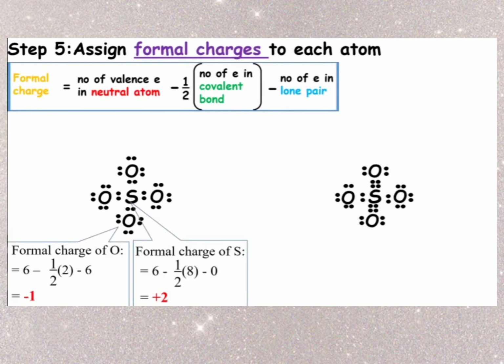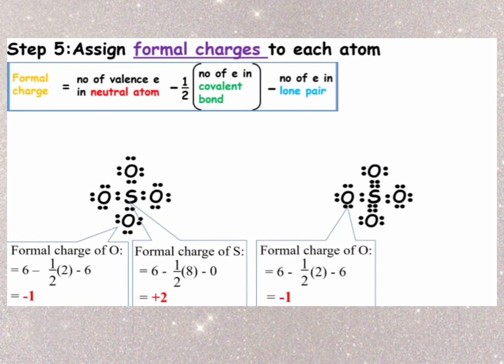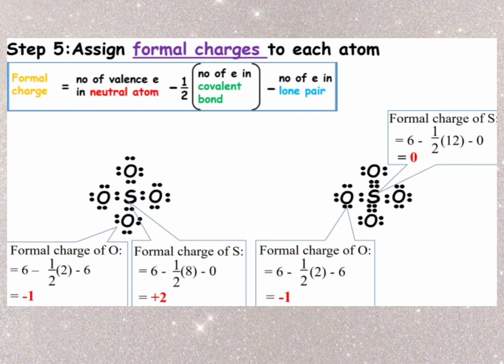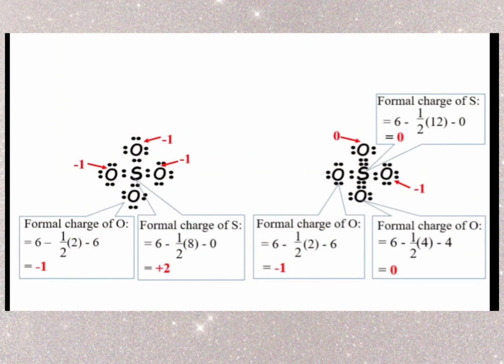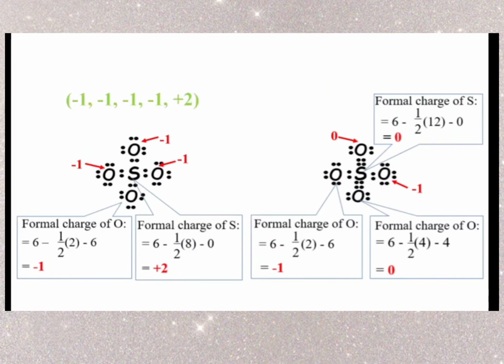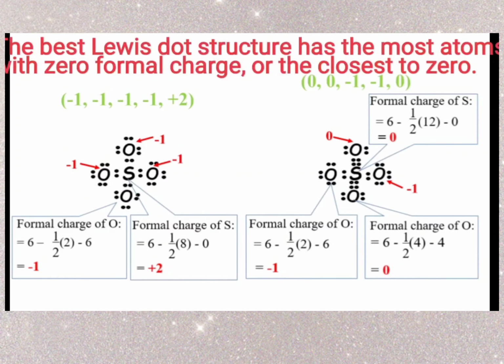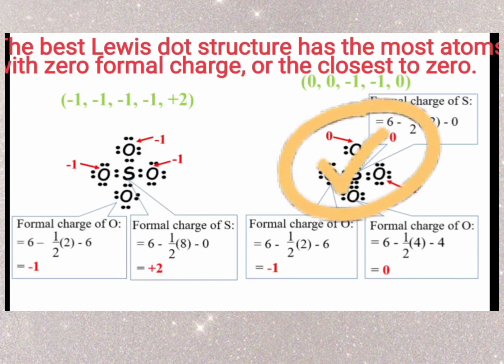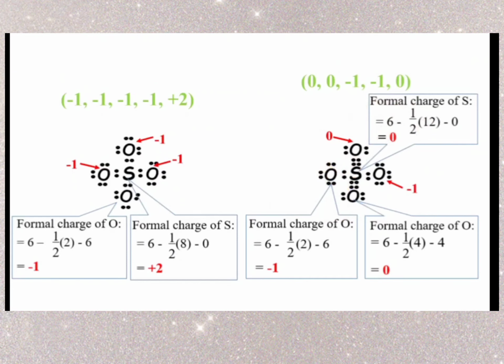By using the equations of formal charge, we can determine the charge on each atom in the molecule as follows. When choosing the optimum Lewis structure for a molecule, it is important to keep the formal charge on each of the atoms as low as possible. Therefore, this is the Lewis structure of sulfate ion.